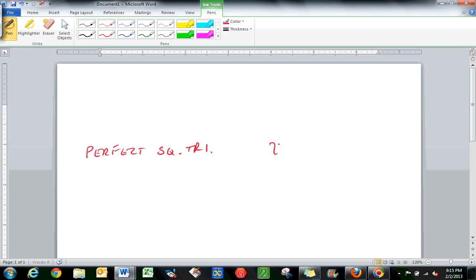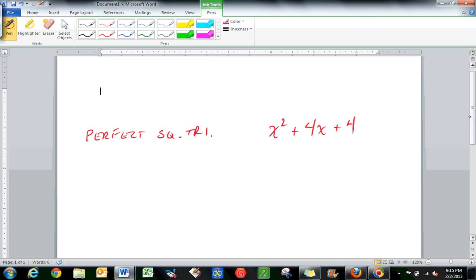So if you look at an example like x squared plus 4x plus 4, a perfect square trinomial should have a factoring pattern that you should be familiar with: x and x to break the x squared up, and 2 and 2 to break up the 4 on the outside.